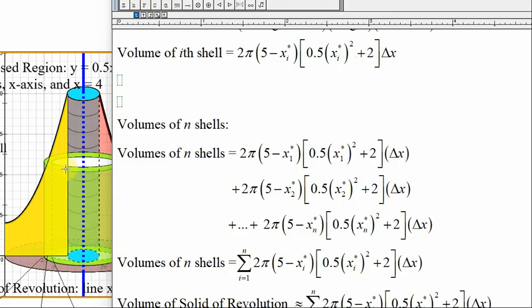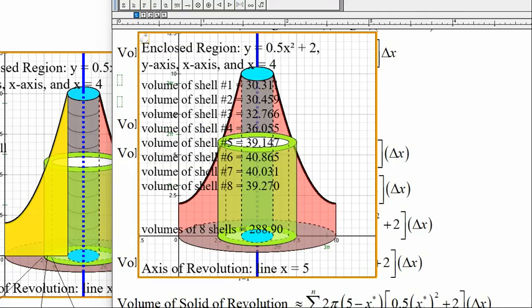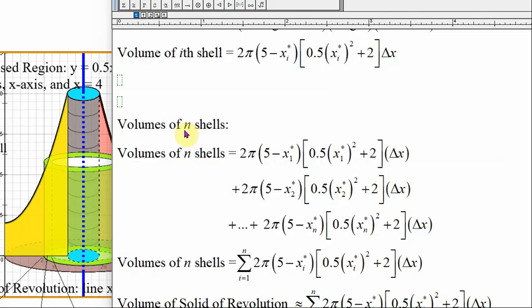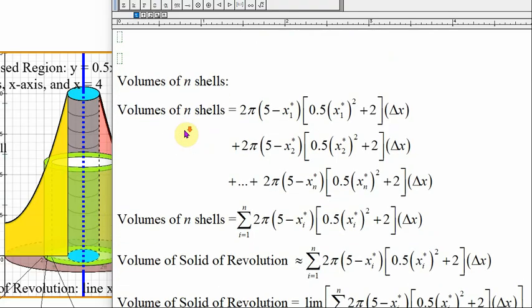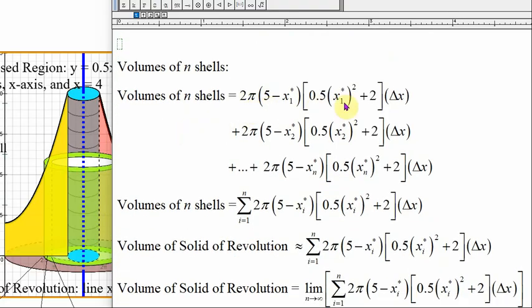Now suppose we divide this solid of revolution into n shells. At the beginning of the video, I divided it into 4 shells, but now let's divide it into n shells. So this will be the volume of shell number 1, volume of shell number 2, up to the volume of the nth shell.